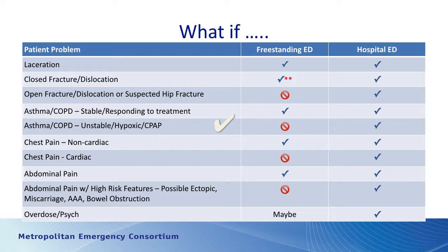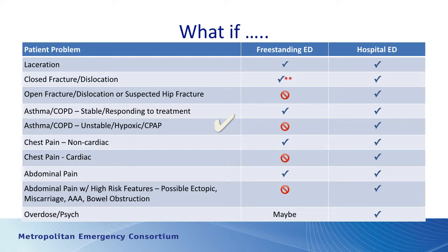If we talk about respiratory illness, patients with stable or mildly aggravated asthma or COPD could be good candidates for a freestanding emergency department. So if you have a patient with asthma who has a mild flare-up, ran out of their albuterol, and may need a couple treatments, with a normal O2 saturation and a work of breathing that looks pretty good, they're a good candidate.